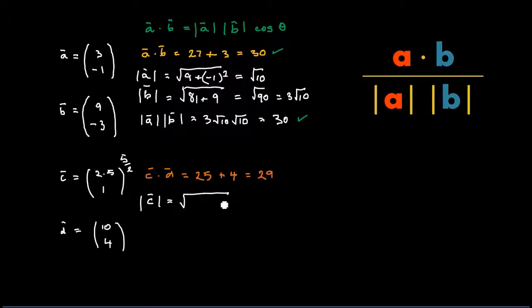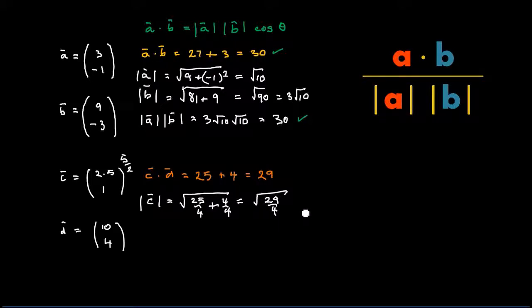I end up with 25 over 4 plus 1. Okay, so 1 I'm going to express now as 4 over 4. And now resolve what we've got here. We've got the root of 29 quarters, or fourths if you like. Root of 29 fourths.